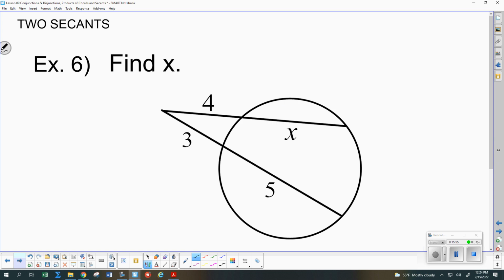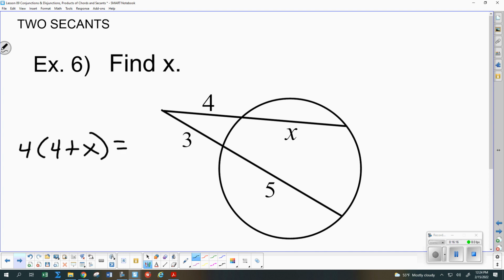Okay, let's do 2 secants that cross outside. So the formula is outside times the whole thing equals outside times the whole thing. Griff, what do I write down for the top one? For outside times the whole thing. Everybody good with that for the top one?